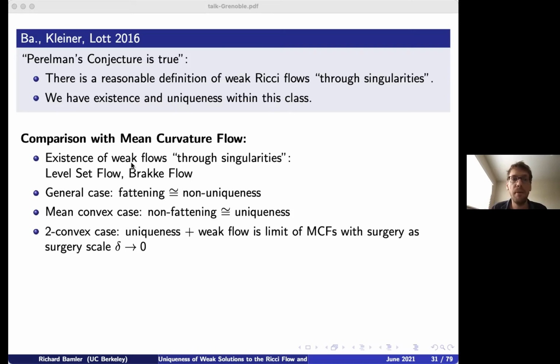So don't worry if you didn't get the mean curvature flow references here. And I'll discuss more precisely what these weak Ricci flows through singularities are, how they are constructed, and then I'll state the main uniqueness results and talk about their proof tomorrow.